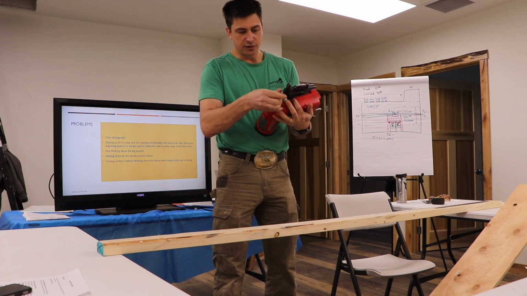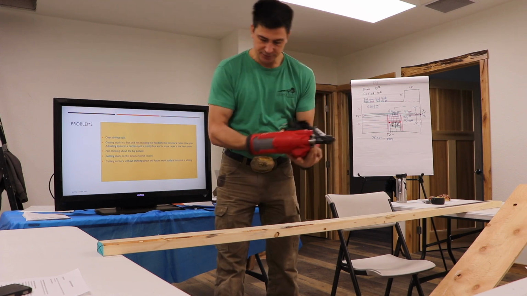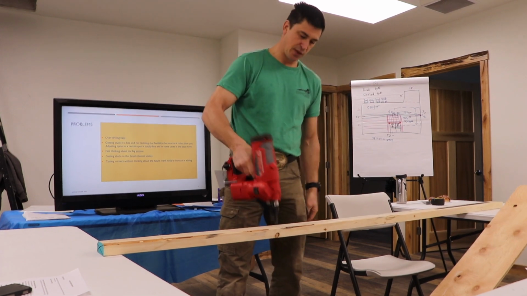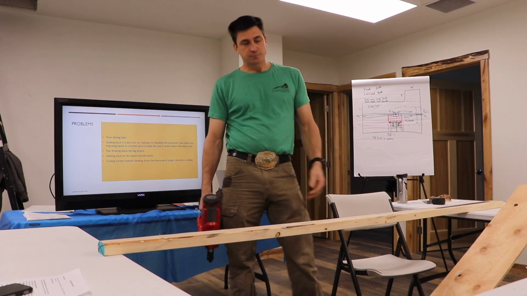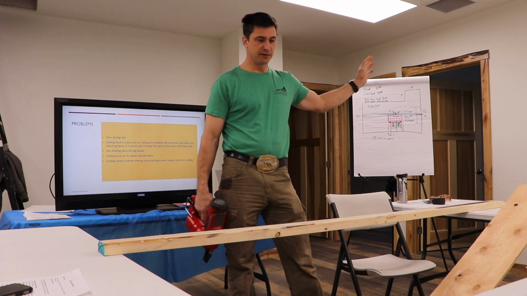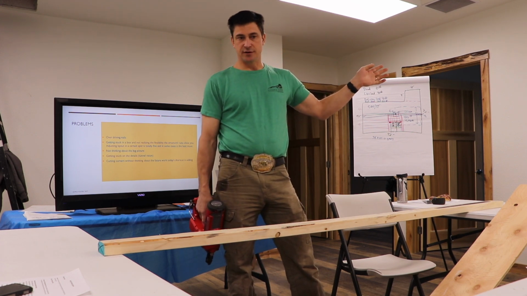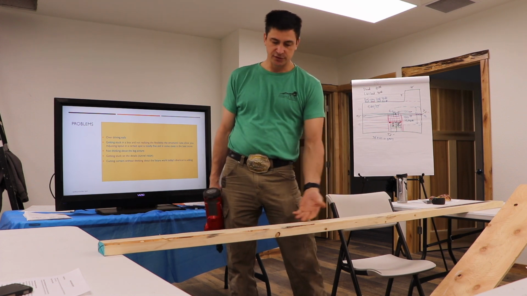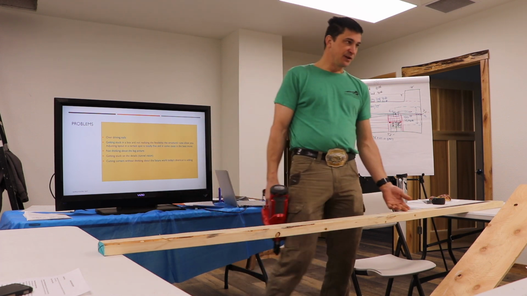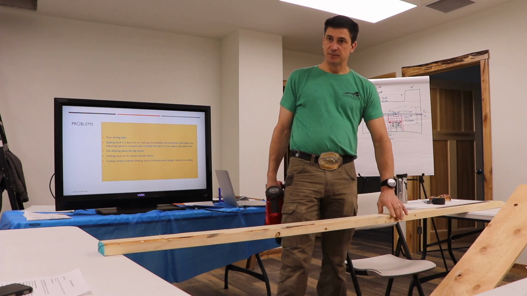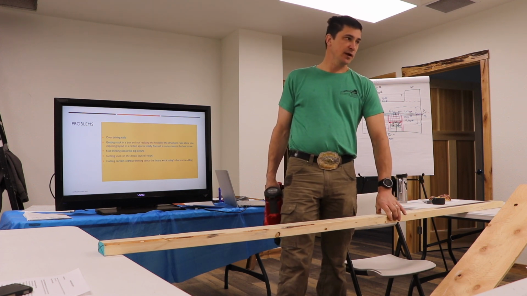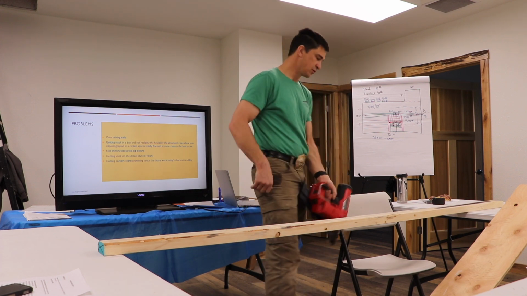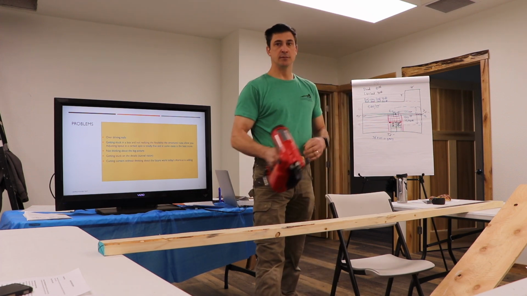There's no reason why you can't go, let's try that, bang. Okay, a little bit more, bang, there we go. And then it can drive like 90% of your nails exactly where you want. You'll still hit, every once in a while, wood with different density, and so you'll have a nail not drive all the way. And then you just pull your hammer out and whack it in, okay?